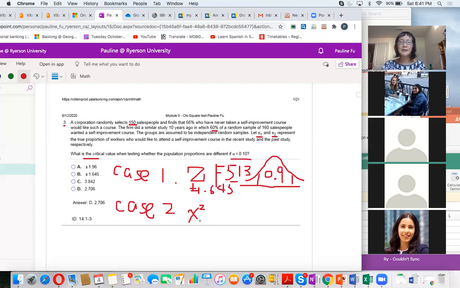Because for the chi-square test, we have to introduce the very basics: the chi-square distribution, degrees of freedom, row total, column total, etc. Okay, so we'll answer the critical value for the chi-square test in the next question. Okay, before I move on, are there any questions?